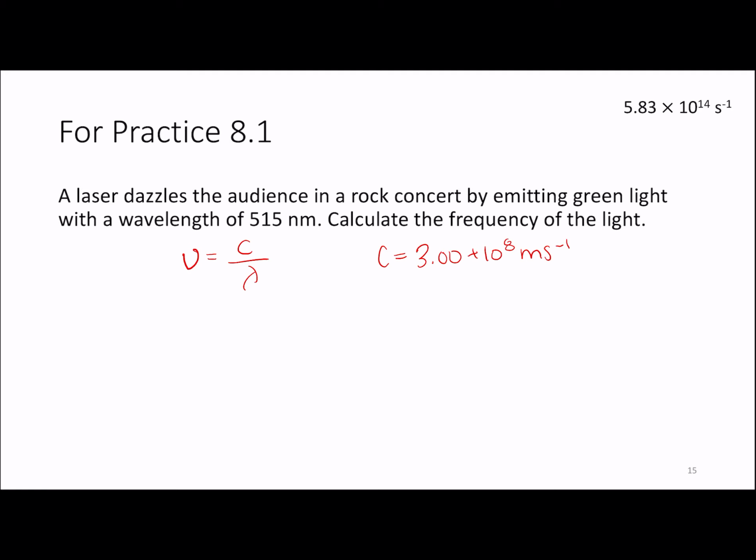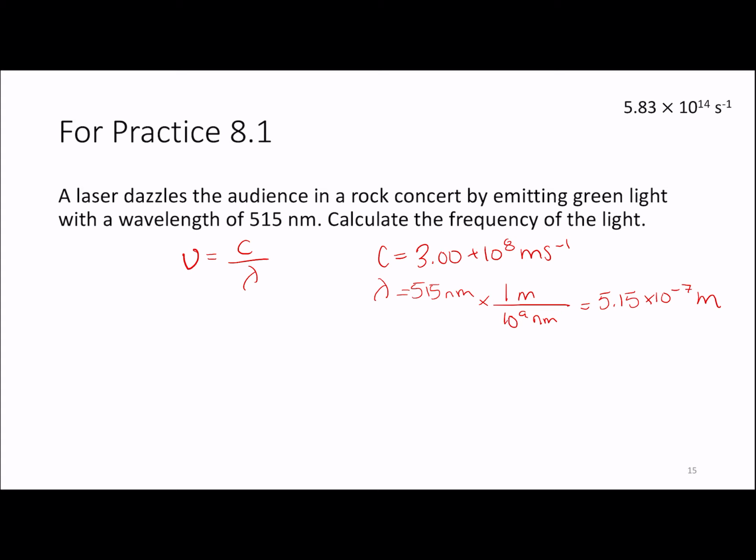And the wavelength is 515 nanometers. But we need the units to match c, so I have to convert nanometers to meters. There are 10 to the 9 nanometers in 1 meter, and that's 5.15 times 10 to the -7 meters.